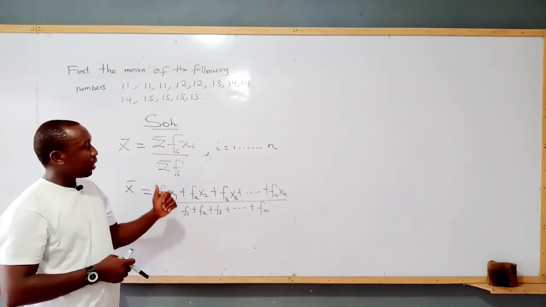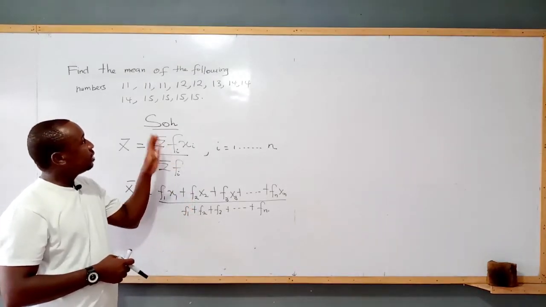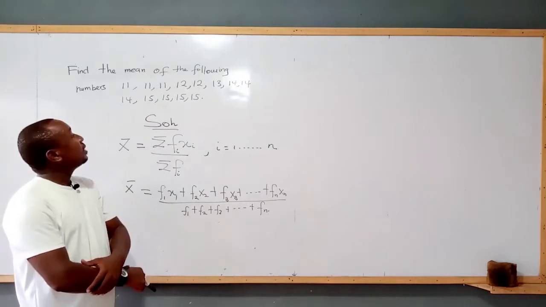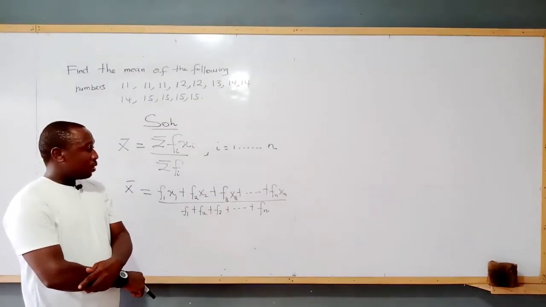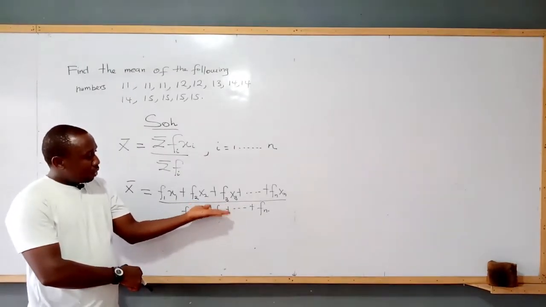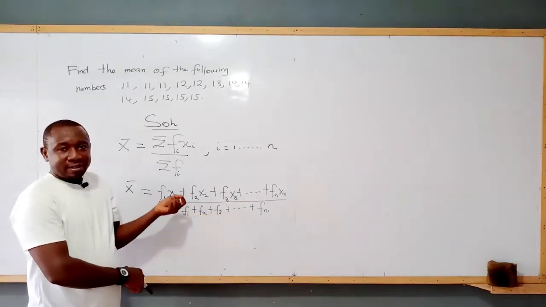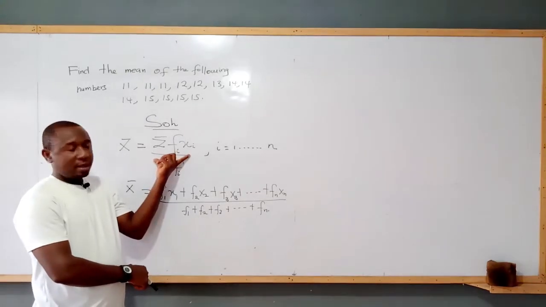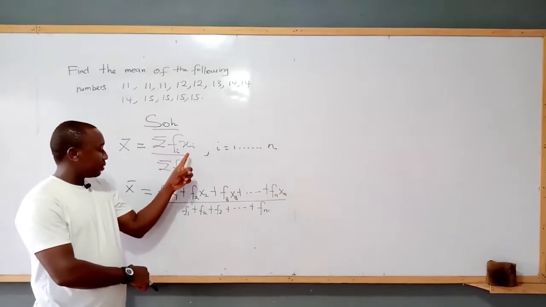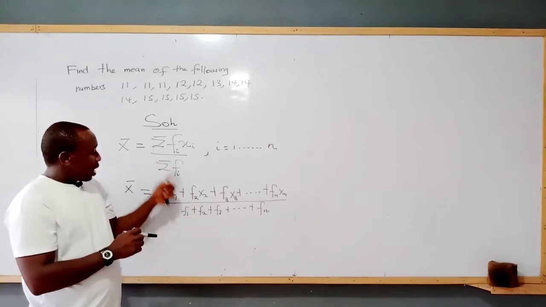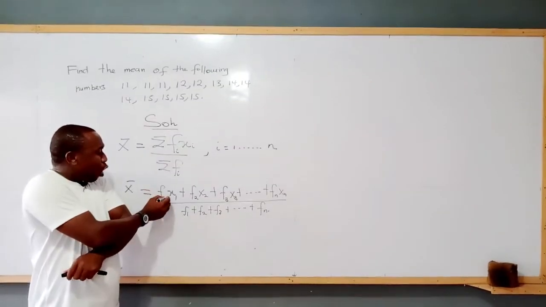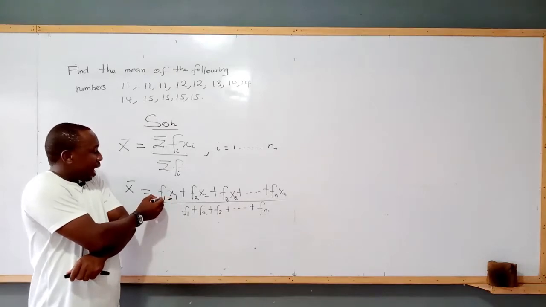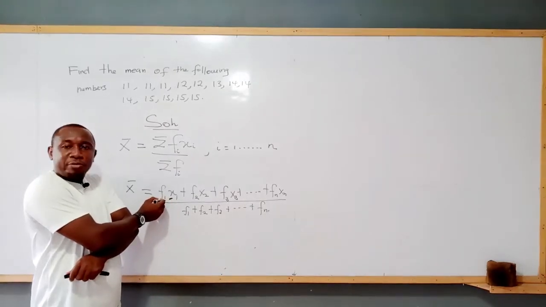This is how to find the mean of this particular data set. I'm doing this to explain the meaning of the formula f1 x1, f2 x2. The meaning is that each observation appears with its own frequency.